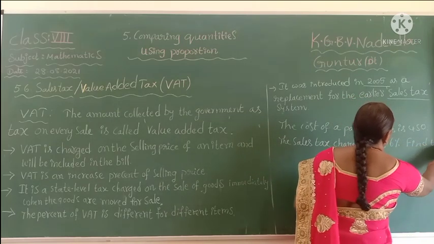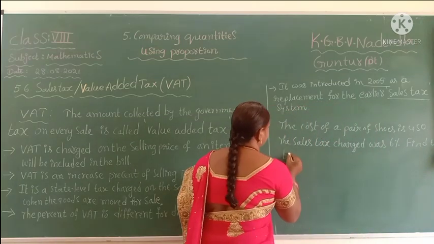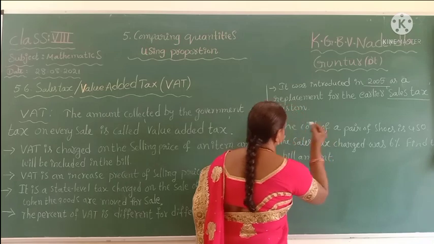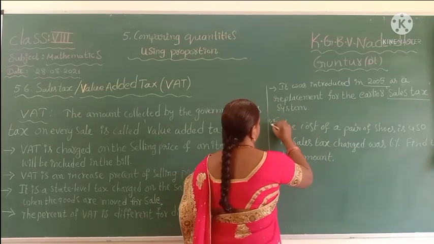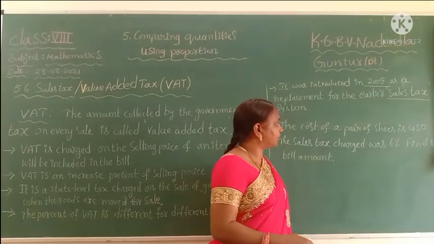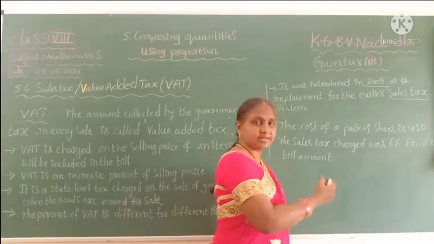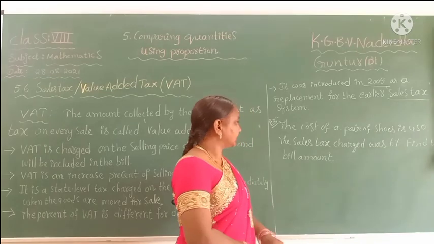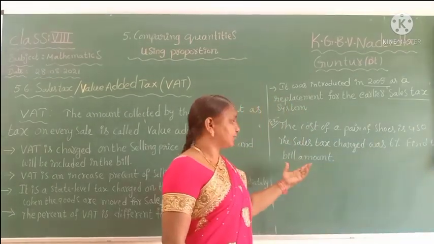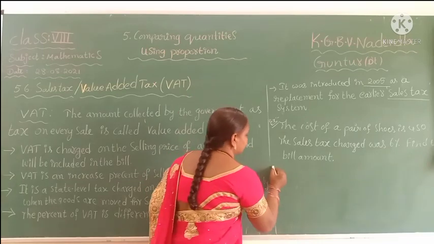Find the bill amount. Here, in this problem, the cost of a pair of shoes was given. That is 450 rupees, and the tax was 6%. Then we have to find the bill amount.